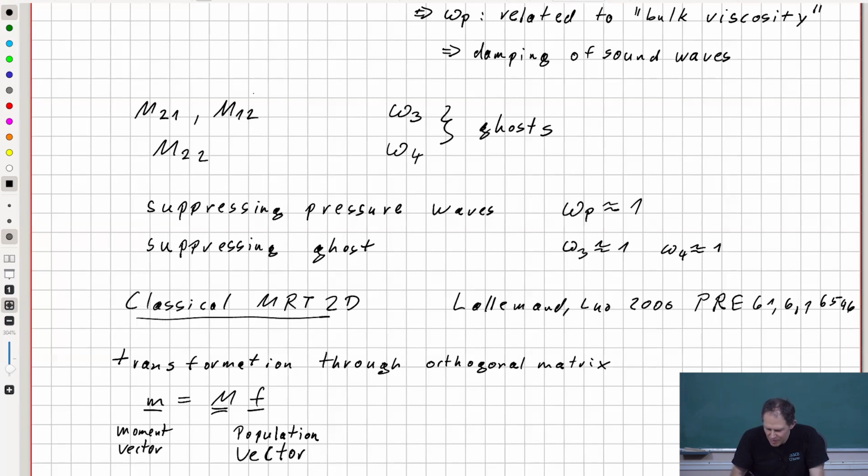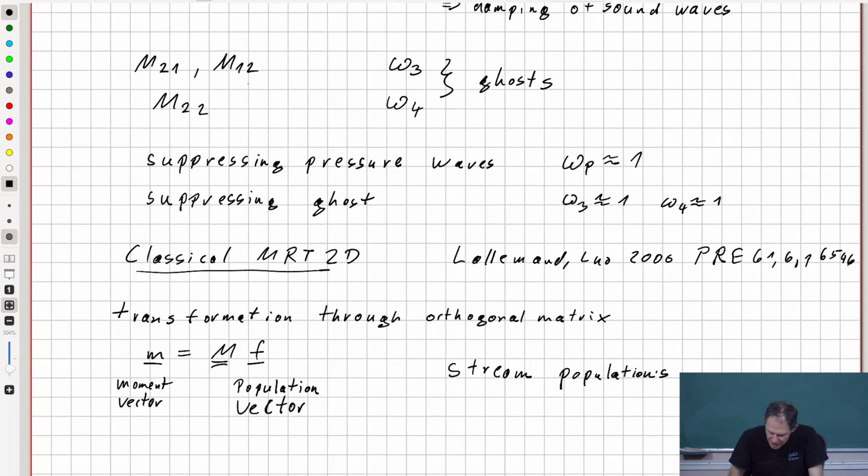So I'm telling you here a little bit of history. What we do is the streaming. We cannot just use moments, because moments do not stream. We need the populations for the streaming. But then the collision is done on moments.